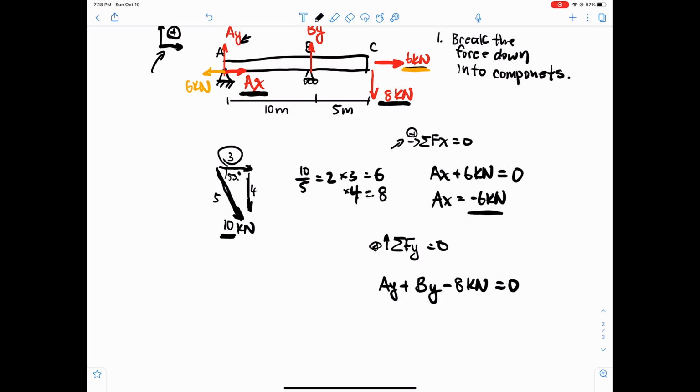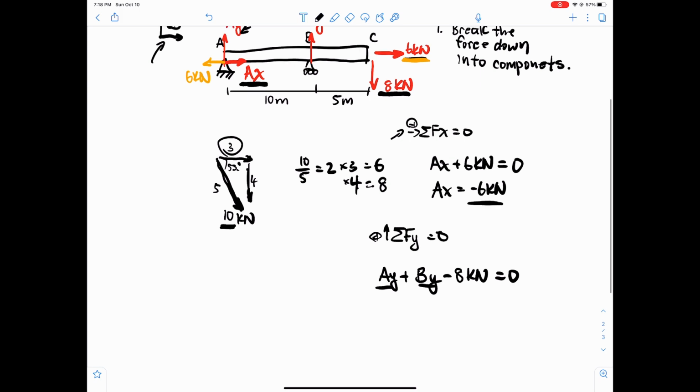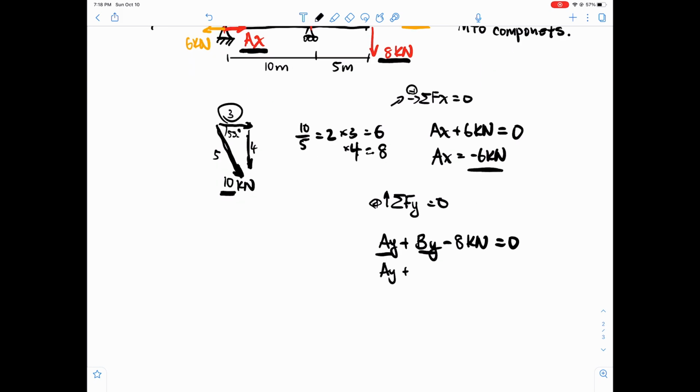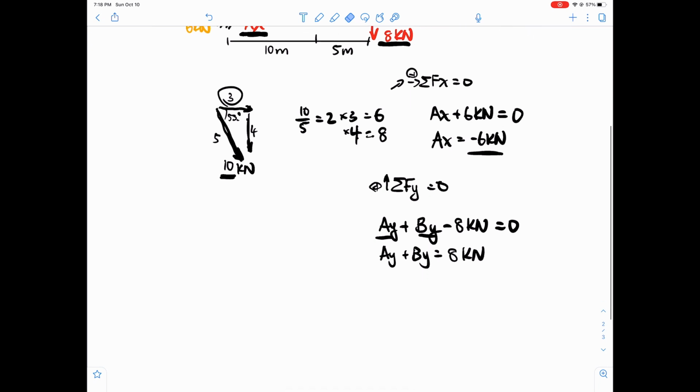Now we have one equation here with two variables, AY and BY. How do we solve this? If we just go through the same notions, AY plus BY equals 8 kilonewtons. Well, what are AY and BY? That's a good question. And here's where the third equation comes in. Sum of moments.